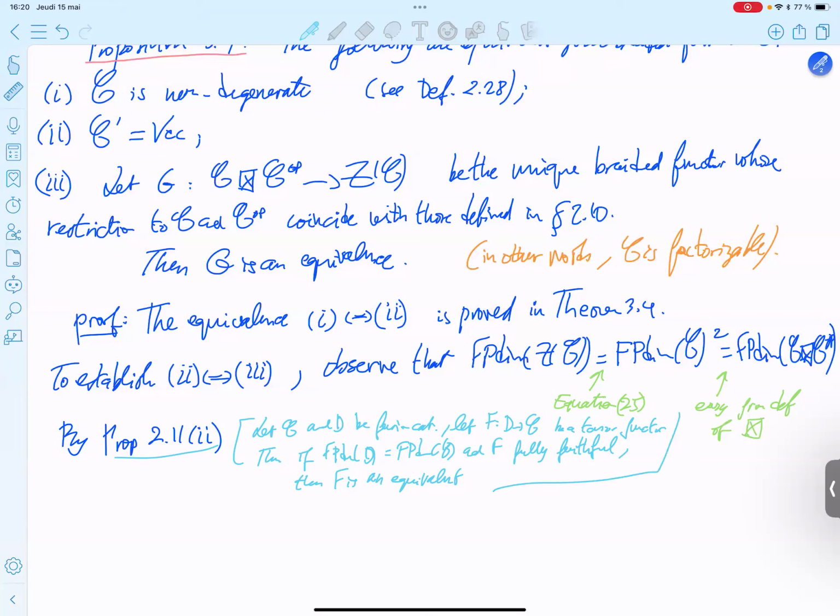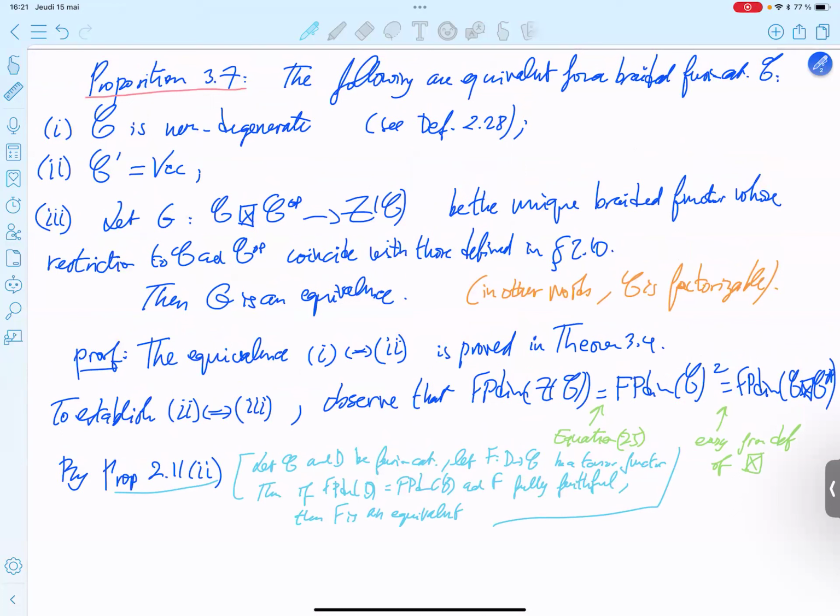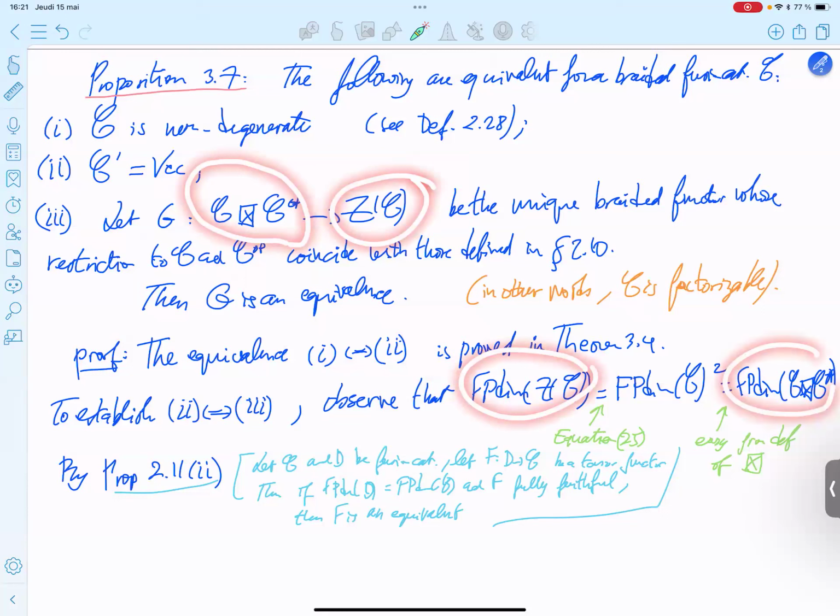So you have that. So what do we have? We have this functor. We want to show that this implies that this functor is an equivalence. But we know that this functor being an equivalence is equivalent, in fact, to this functor being fully faithful and the Frobenius-Perron dimension of that equals the Frobenius-Perron dimension of that, as it is written here.